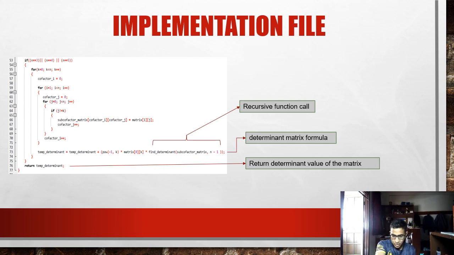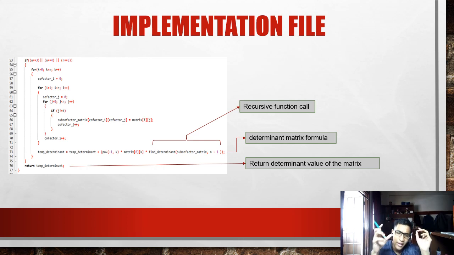In the function, determinant subcofactor matrix, to find the inner determinant, this is called a recursive function call. All of this is the determinant matrix formula of Gauss Jordan. Yes, this is the Gauss Jordan formula.